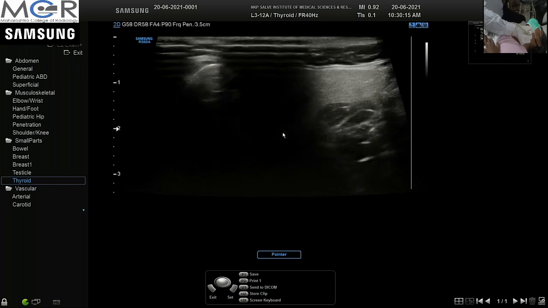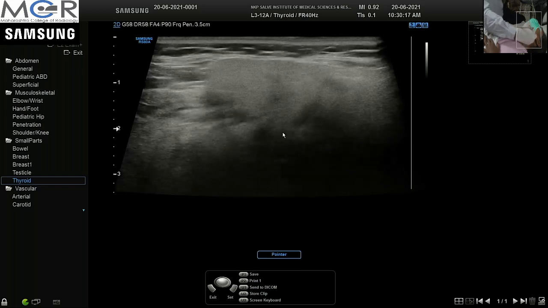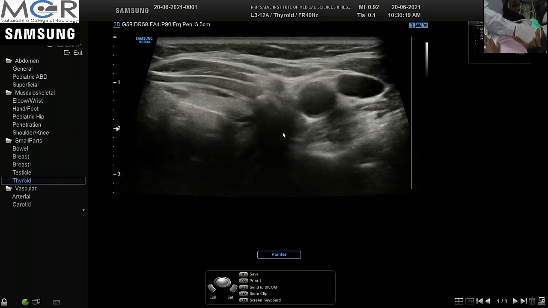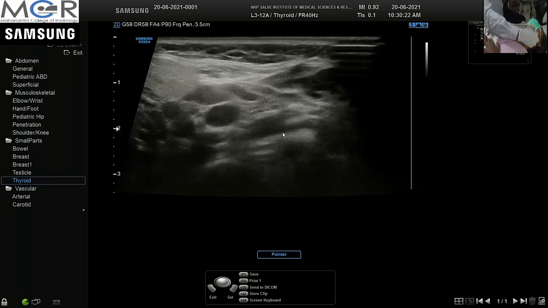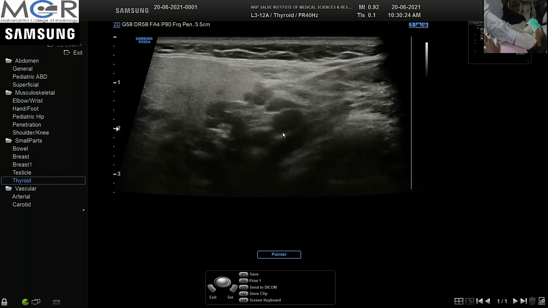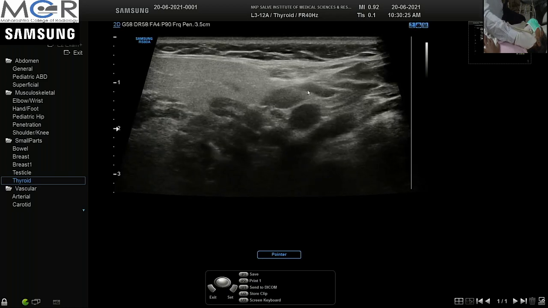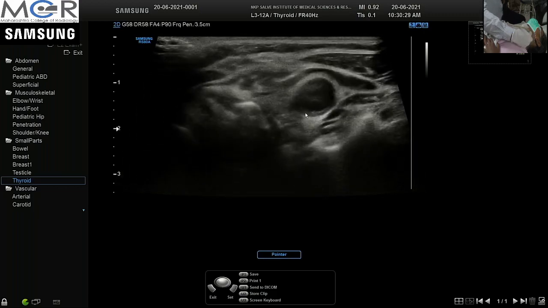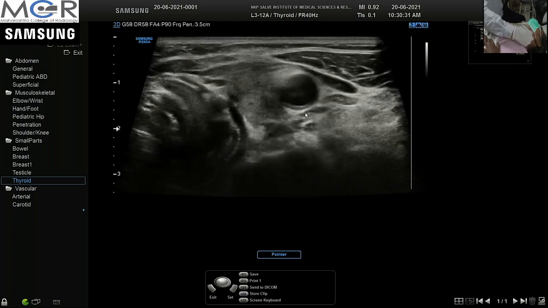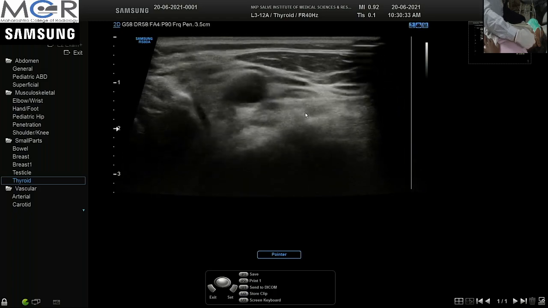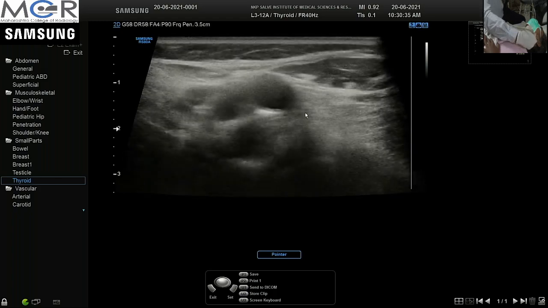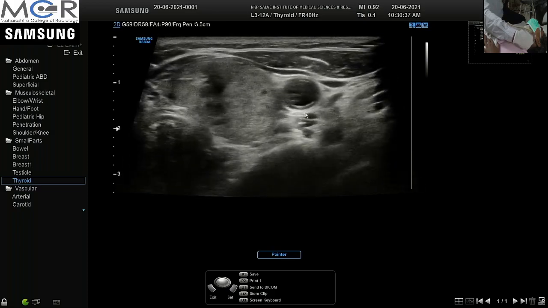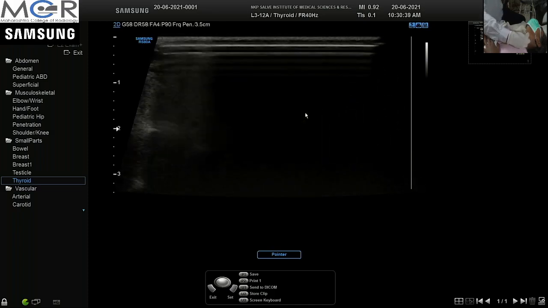This is the submandibular gland, and then follow the jugular vein. Here you can see nodes around the jugular vein, multiple nodes, as the neck is said to have 300 or so nodes. So we can see only the larger ones or those which can be visible with high frequency ultrasound.